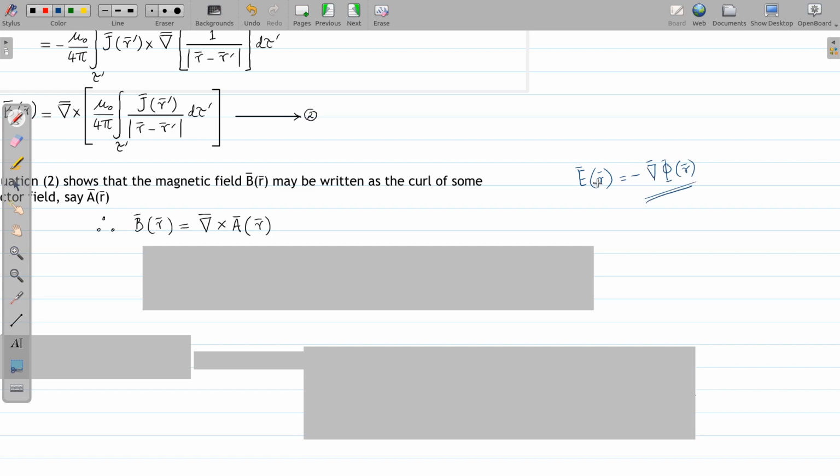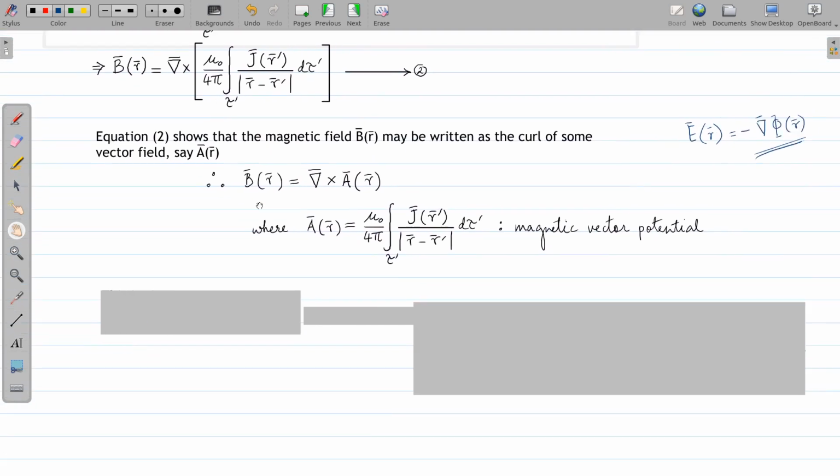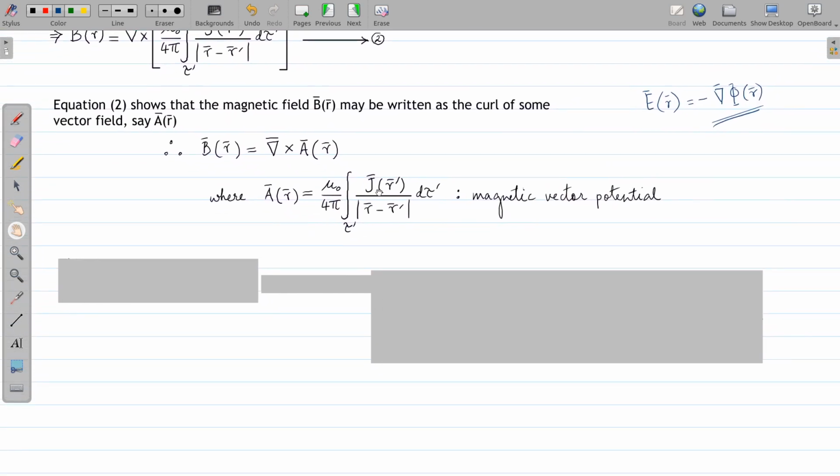So the electric field can be written as a space derivative of some scalar quantity. Similarly, the magnetic field can be written as, because curl is also a space derivative, a space derivative of some other field, but this time this is a vector field, not a scalar field like this. So this A, which is basically this integral inside the bracket, is called the magnetic vector potential. Okay, so this is the expression for the magnetic vector potential.